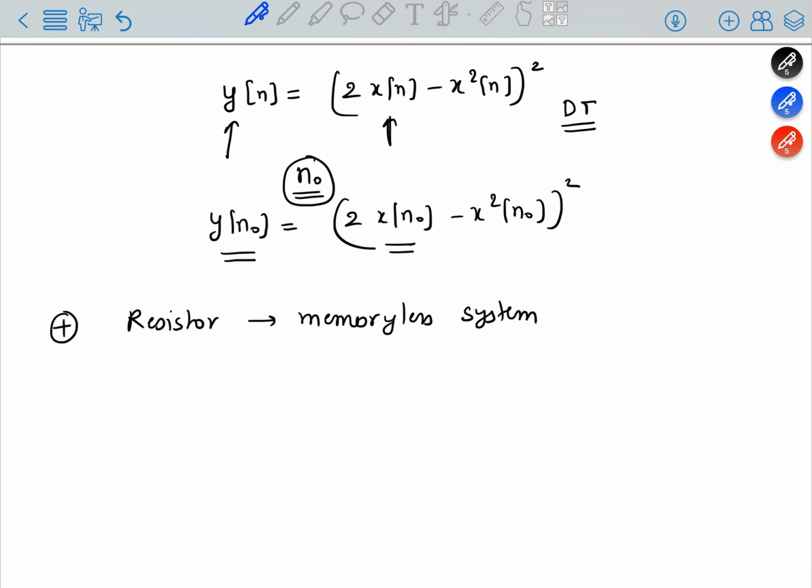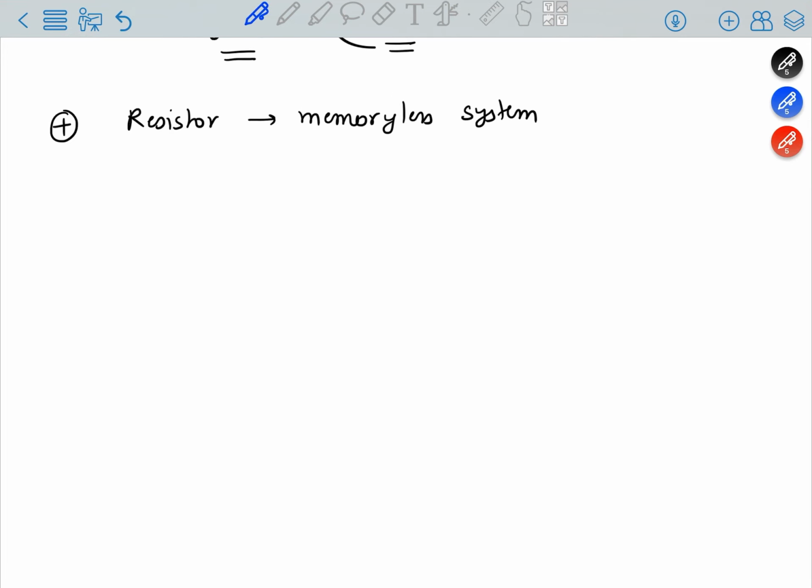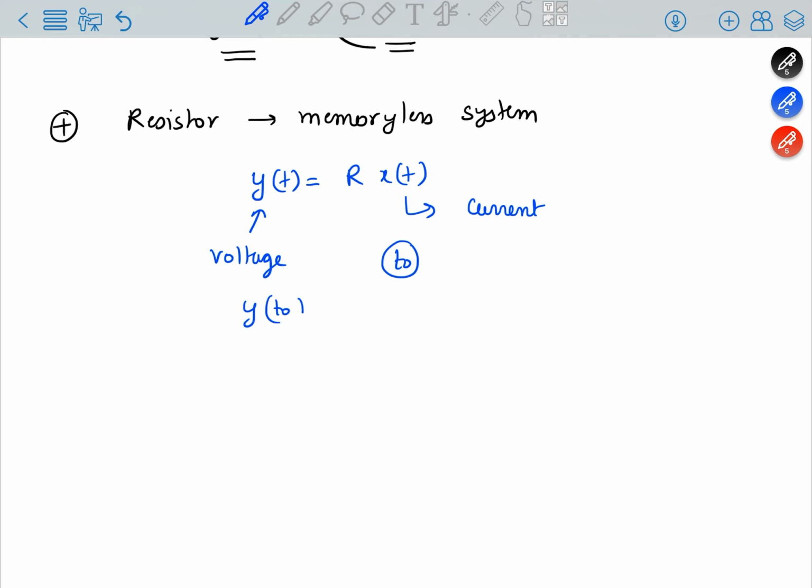The relationship between voltage, current and resistance is given as y(t) = R x(t). Here x(t) is the input, which is the current, and y(t) is the output, which is the voltage. Again, for a particular timestamp t naught, the output y(t naught) depends on the input at that same time, x(t naught). That's why it's a memoryless system.